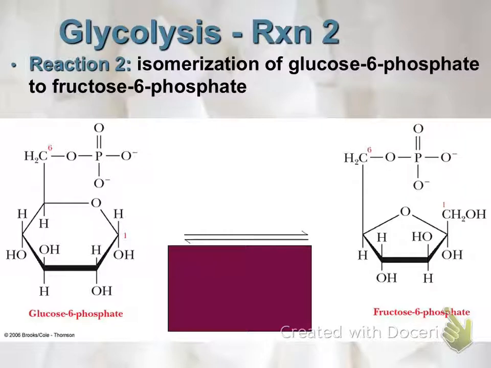All right. Now we're up to step 2, in which we take glucose 6-phosphate to fructose 6-phosphate. And this one actually has 2 acceptable names. Another thing that you will get used to seeing is the abbreviations that are used.